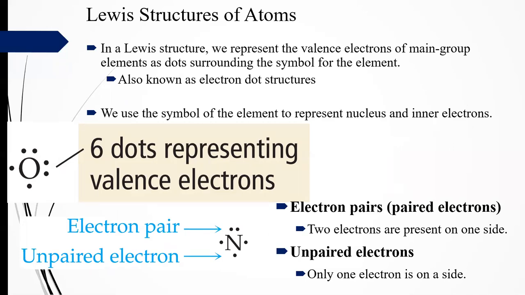Unpaired electrons are those individual dots. So 6 dots represent 6 valence electrons, 5 dots represent 5. We're using the symbol in the middle, this N or this O, to stand for all of our protons, all of our neutrons, and all of our core electrons. The only thing we have to worry about on the outside is our valence electrons.